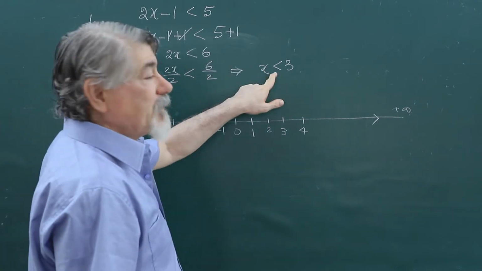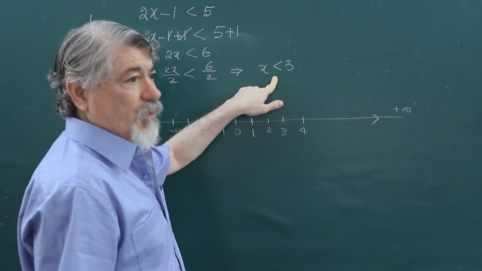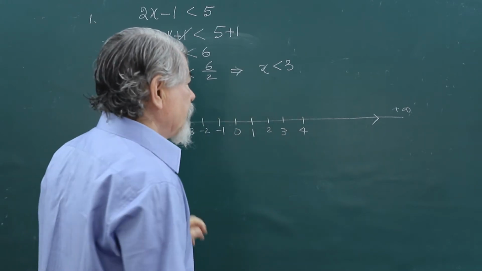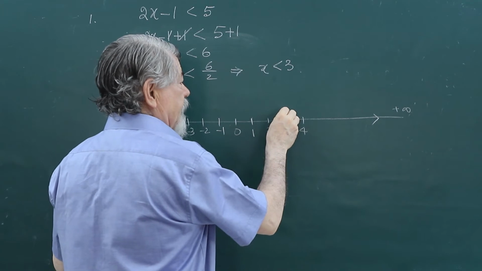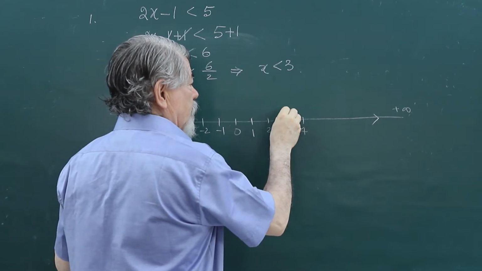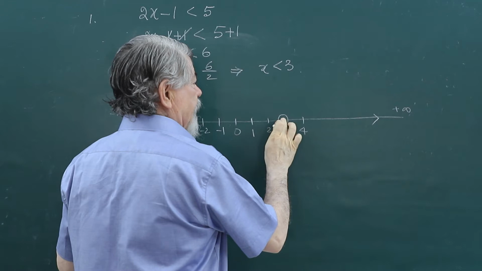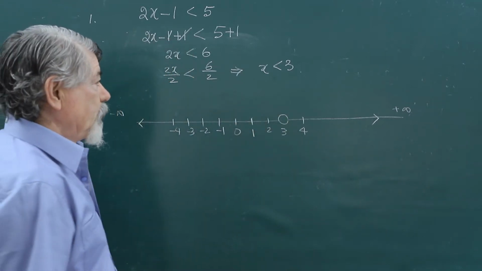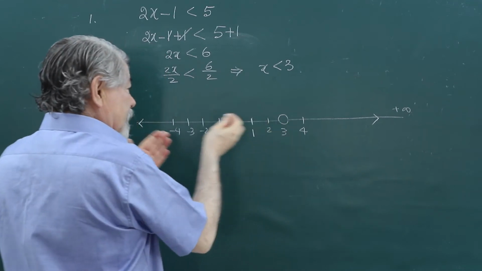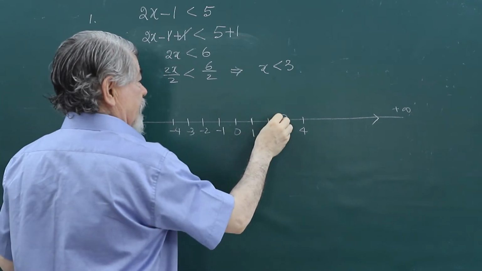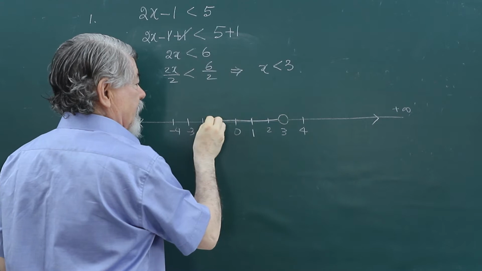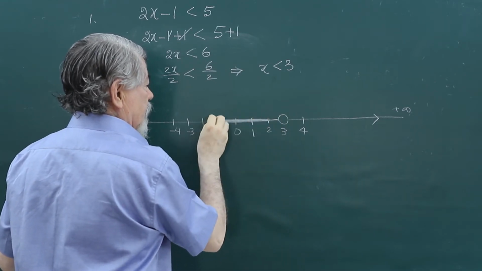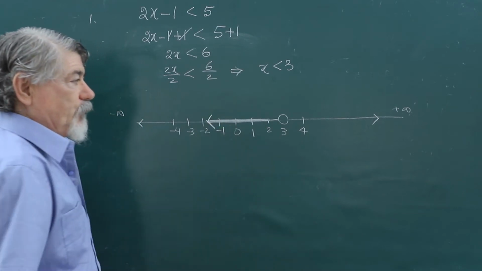Now it is less than 3. It is not equal to 3. That means 3 is not included. So one way of doing it is to put a circle around 3 and not shade it. Less than 3 will obviously be to the left side, so just darken it and indicate an arrow.